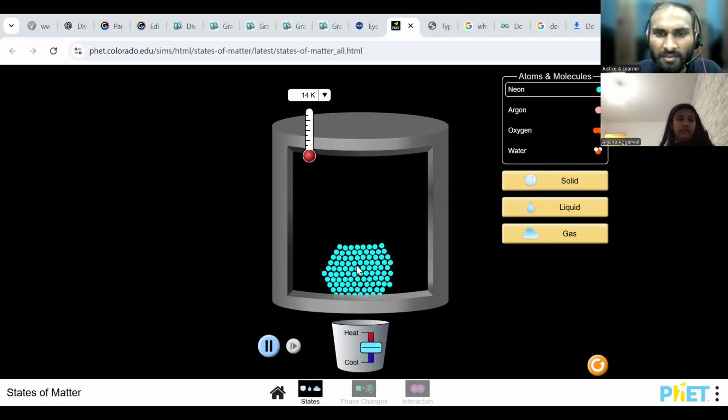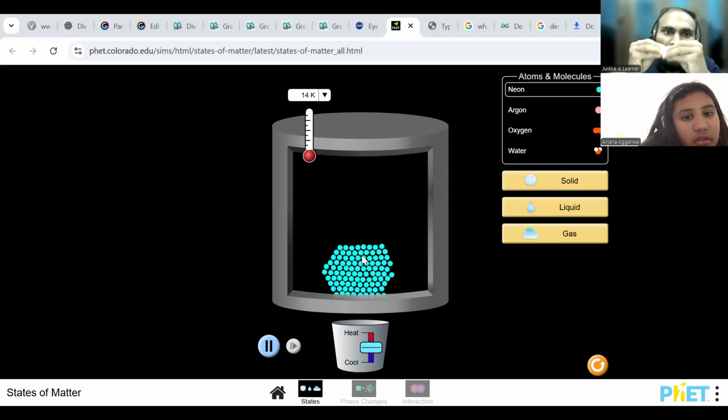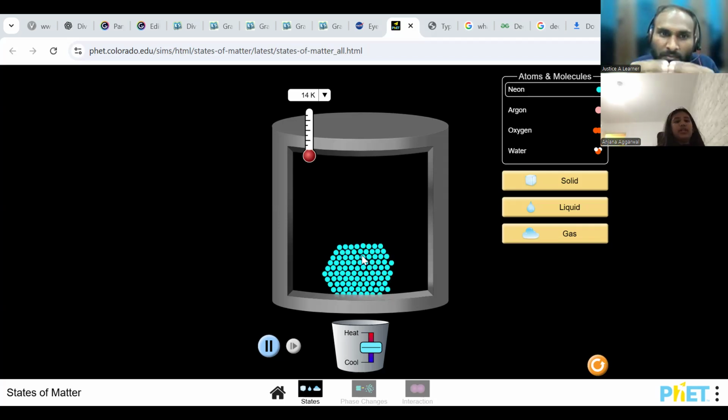Here you see these particles, and I'm asking whether this can be considered solid, liquid, or gas. When the particles are more closed and packed together, they are solid. When they are a little far and moving, they are liquid.